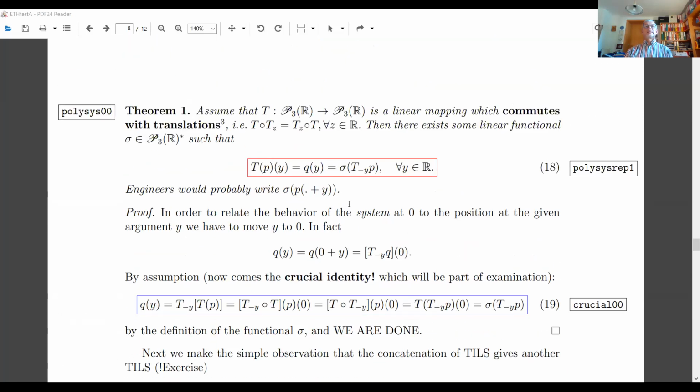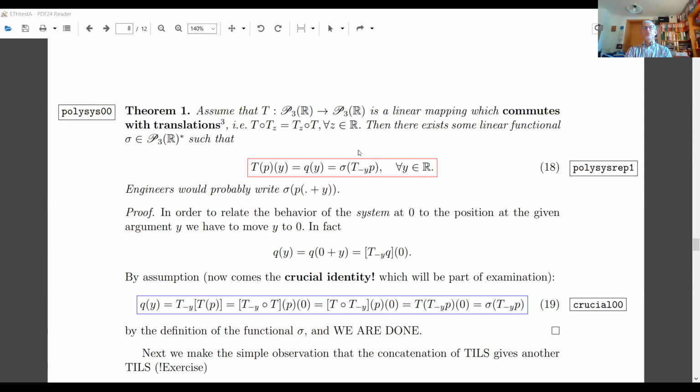Now, the representation here just says, and I would like to leave it here for a moment, that whenever you give me a system, we can find a linear functional which has the representing property. But what is equally important is that this sigma is uniquely determined, and also that every such system can be represented in this way.